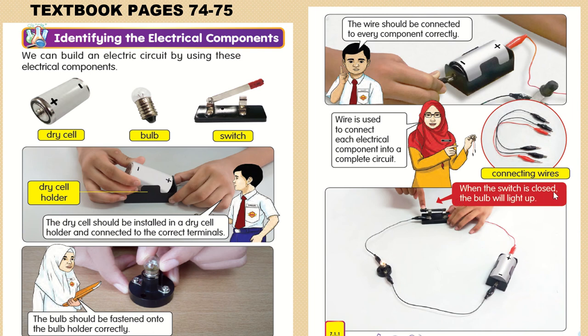When the switch is closed, the bulb will light up. In a complete circuit, if you want to light up the bulb, make sure the switch is closed. This one is the switch closed, and this one is the switch open.